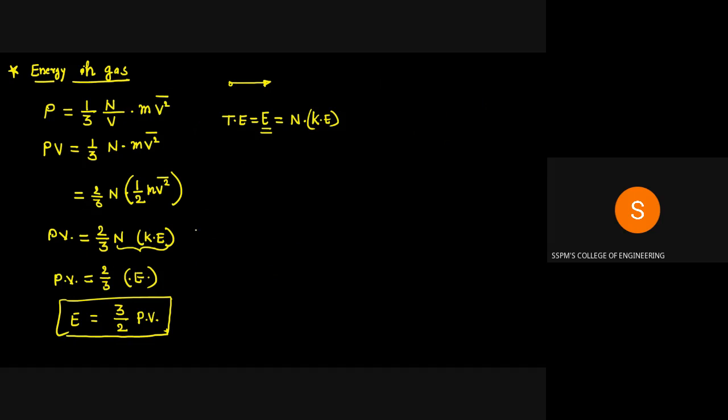And we have a second equation for PV. One equation is nRT, and also we can write PV is equal to N Kb T, where Kb is the Boltzmann constant and N is the number of molecules.